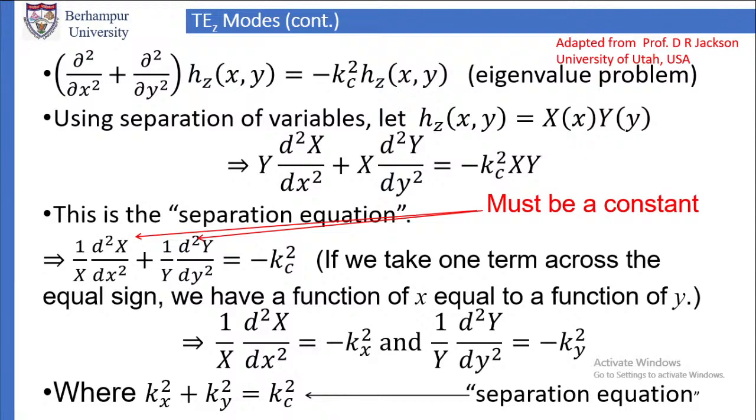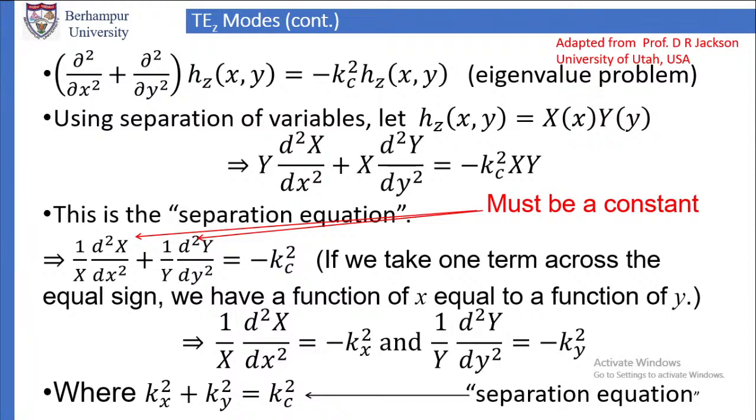So Hz is equal to capital X as a function of small x, into capital Y as a function of small y. This is the principle of separation of variables. So for Hz(x,y), we will put capital X into capital Y.